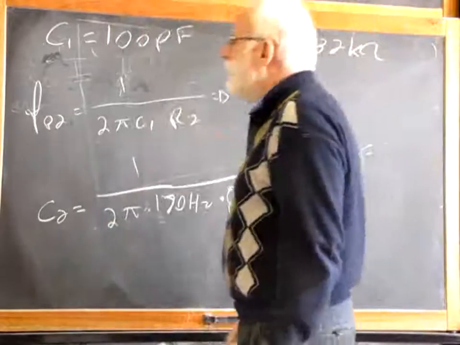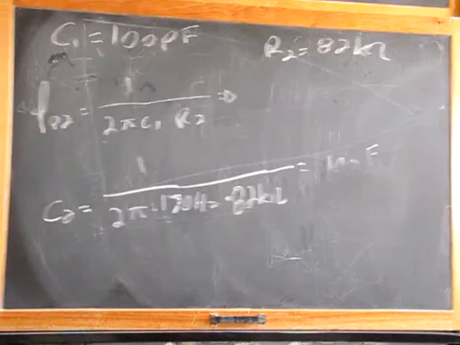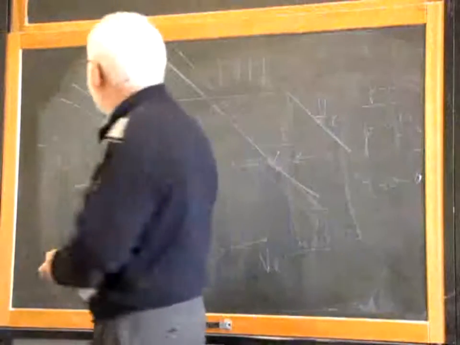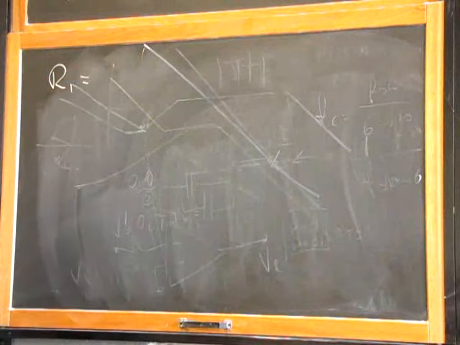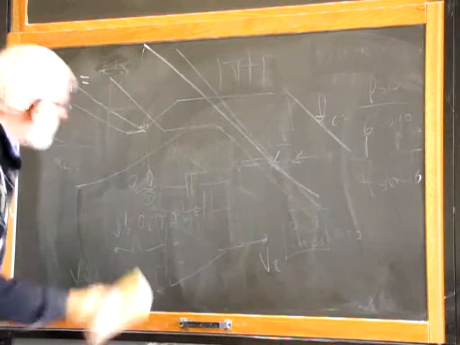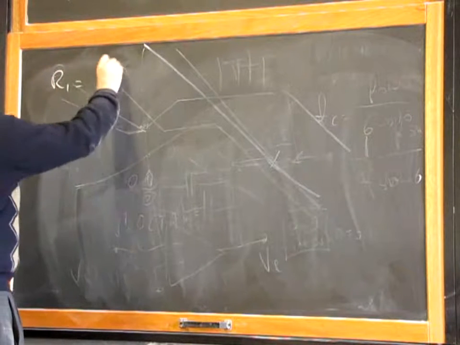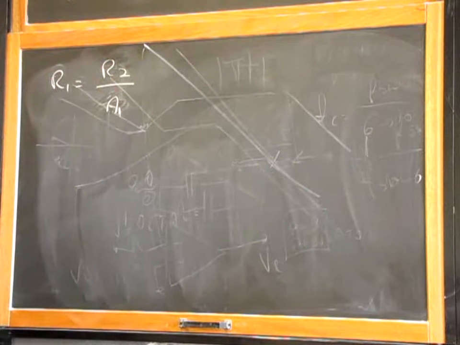Then we have R1. R1 is equal to R2 divided by A1. There are two negative signs missing, but it's okay.